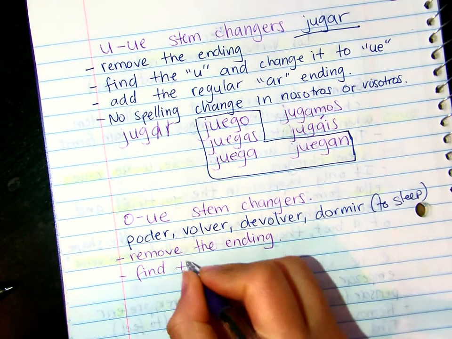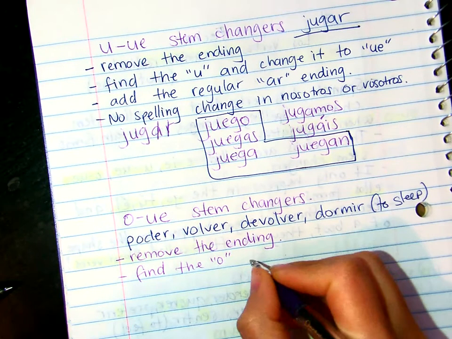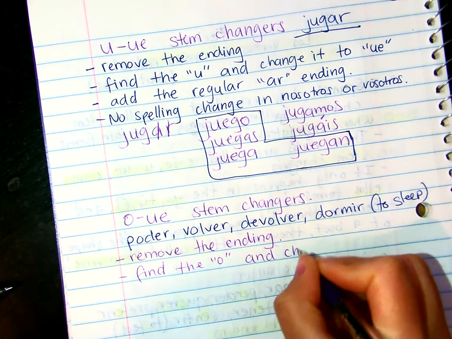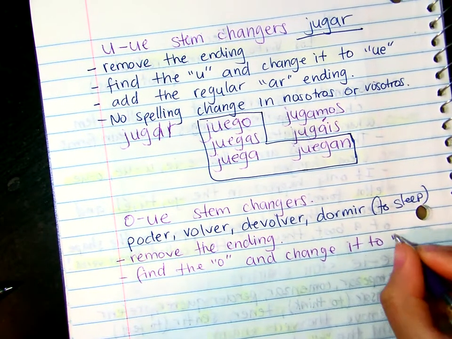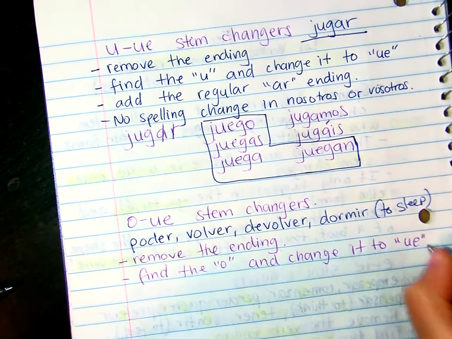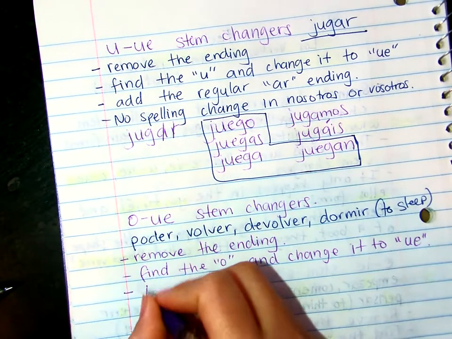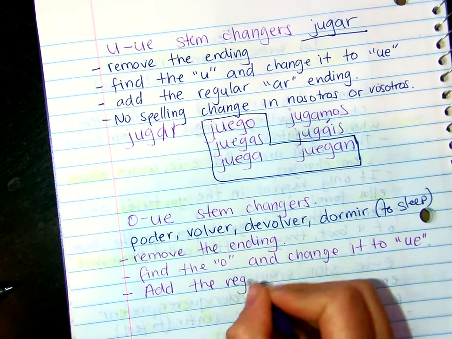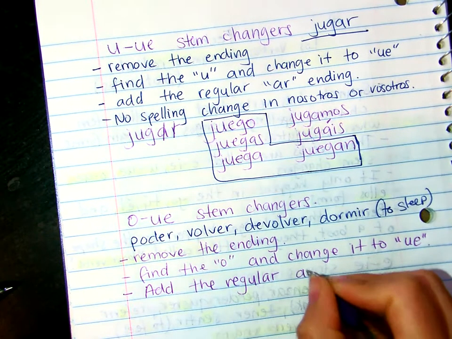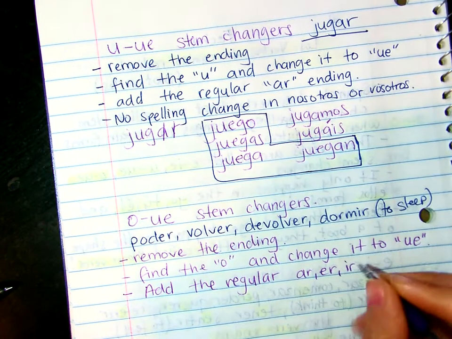Find the O and change it to UE. Add the regular AR, ER, and IR ending.